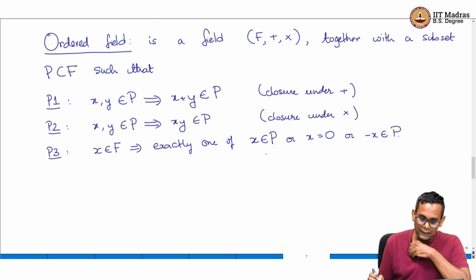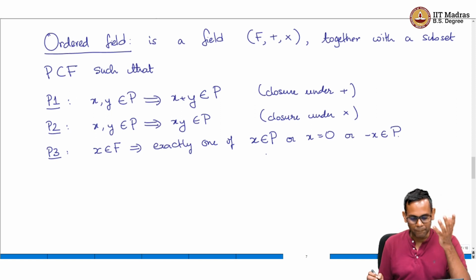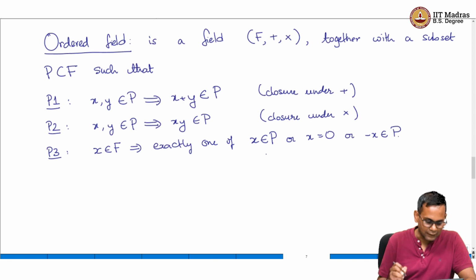So, an ordered field is a field with a positive set which satisfies these axioms. And from this we can derive a notion of order on the field.